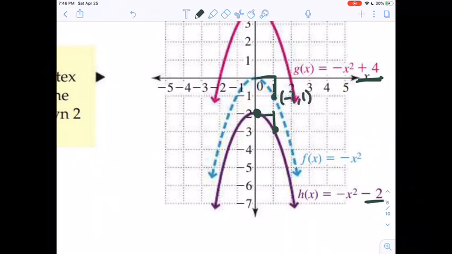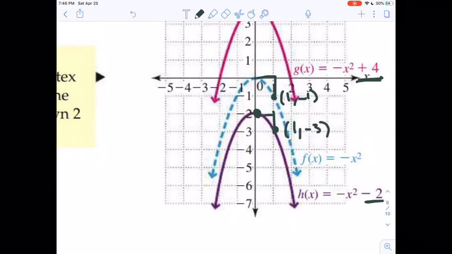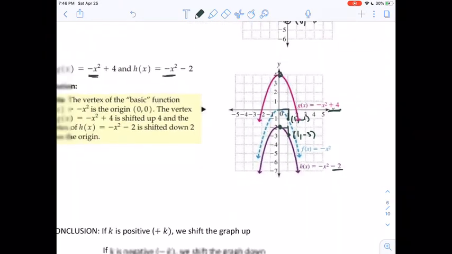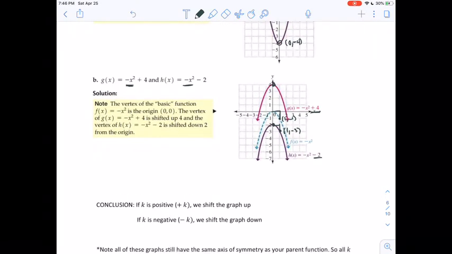My next point should be shifted 2 spots down, so it should be at negative 1, negative 1. I'm sorry, this should be 1, negative 1. So if I shift it down 2 more, it should be at 1, negative 3. Yep. So it's holding the same shape, it's just moving across the graph.